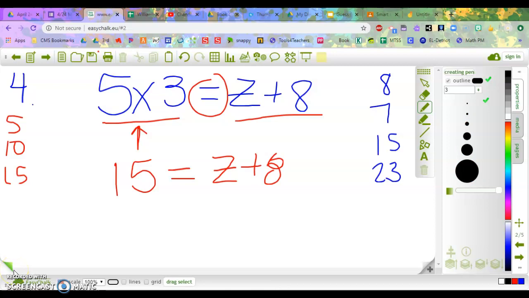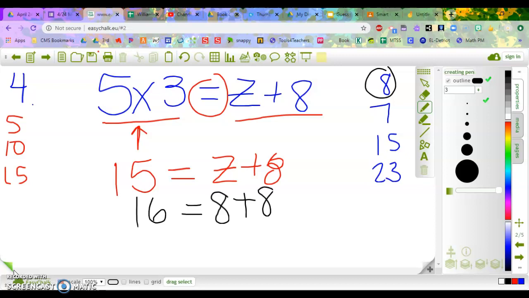So now I need to try to put in these answer choice options to see which one works. So the first option is 8. So instead of z, I'm going to put 8. 8 plus 8 equals, well, those are one of my doubles. 8 plus 8 equals 16. So that's not going to work.